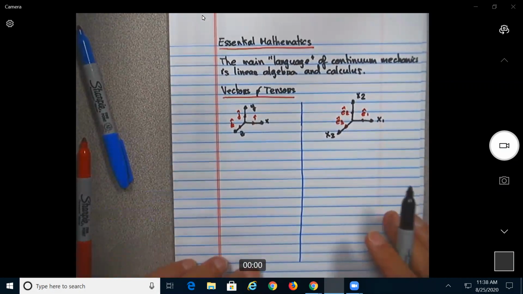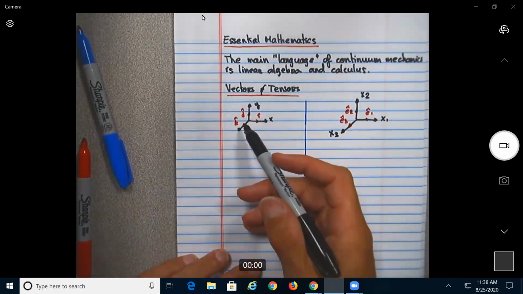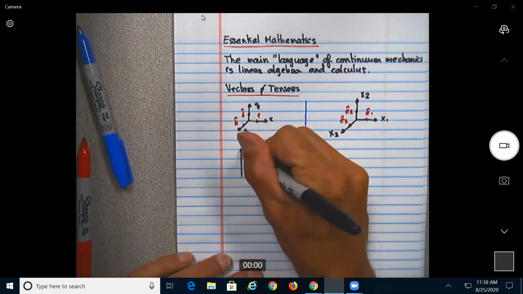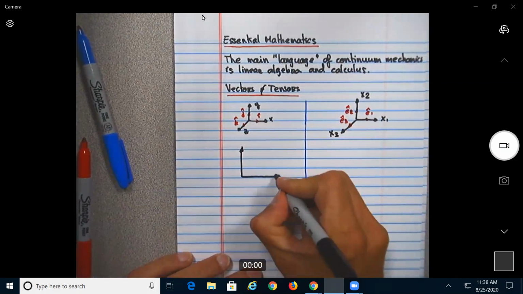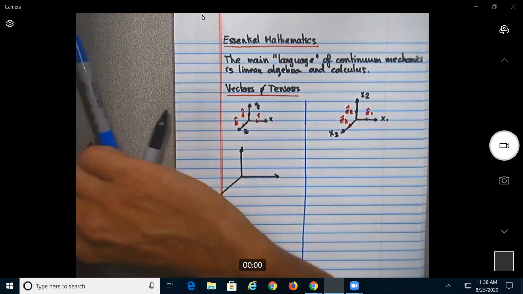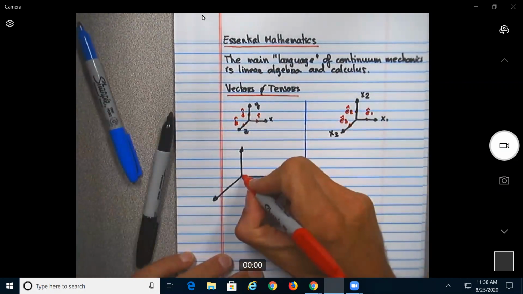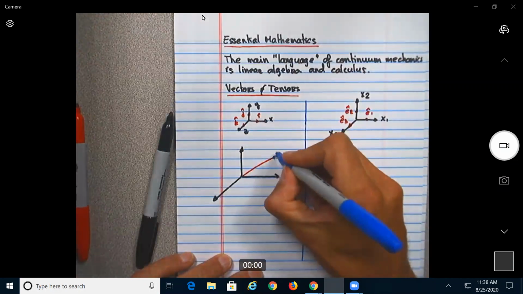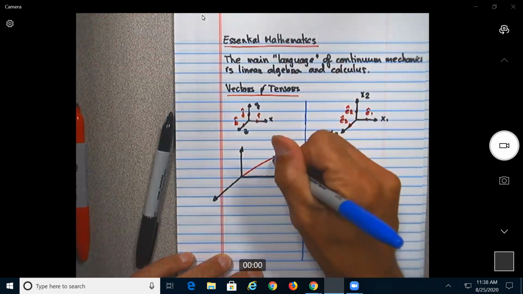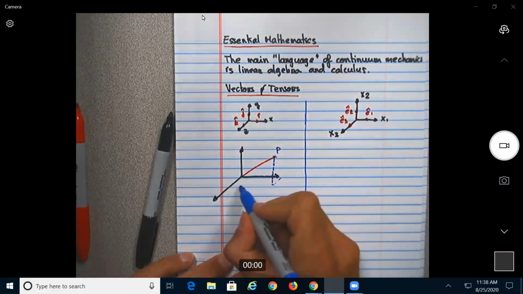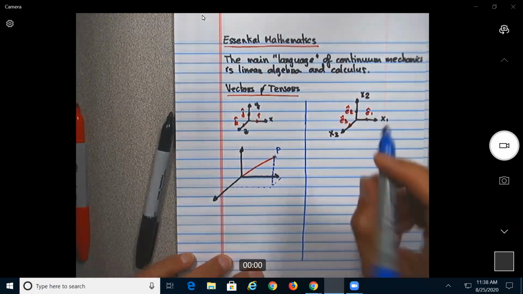Okay, so now if we want to define a vector in this coordinate system, what will you have? You have here, let's say, P, this will be the vector. And this point P here might have one component on this coordinate axis and one on this one.